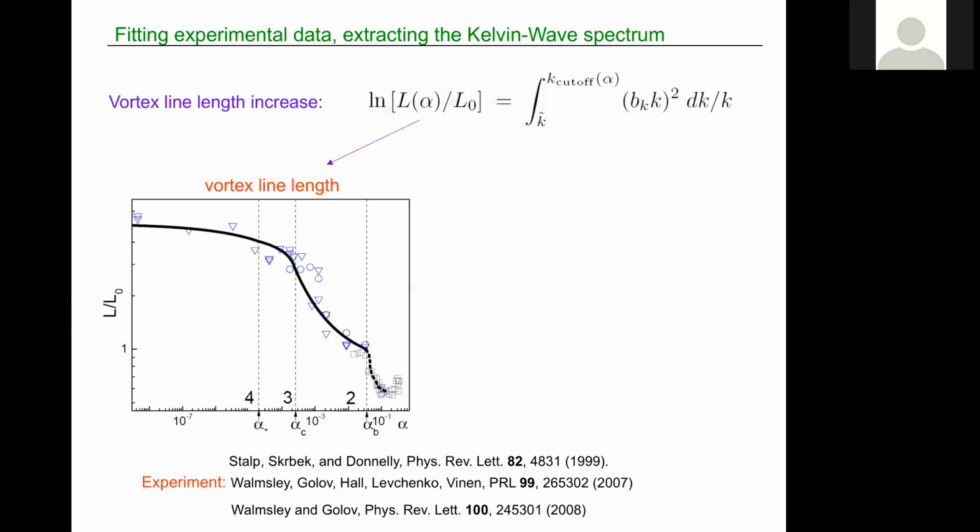And this regime of self-crossings is the one that is responsible for the biggest growth of the line length in the system. So if you integrate, obviously you just need to do this integral, and you'll observe that it gives you the biggest line length growth.